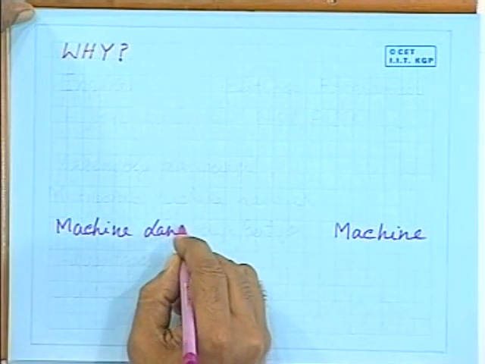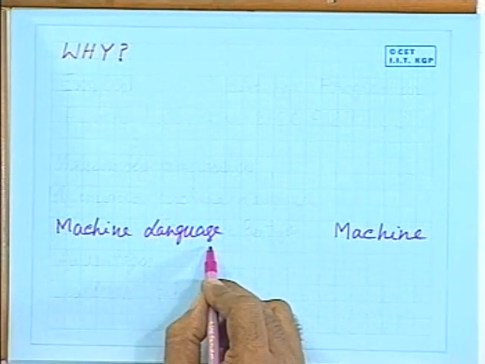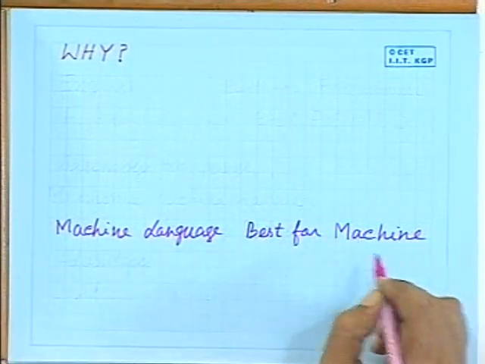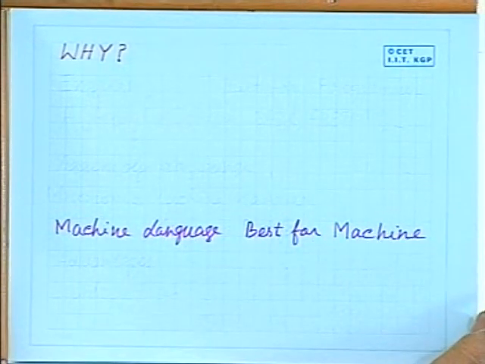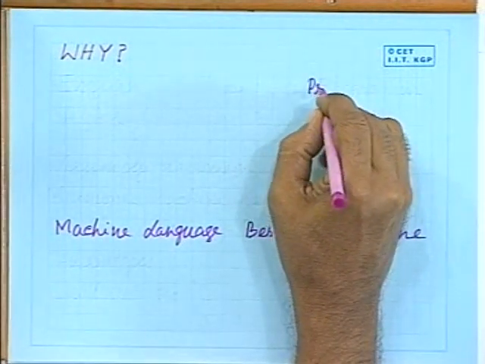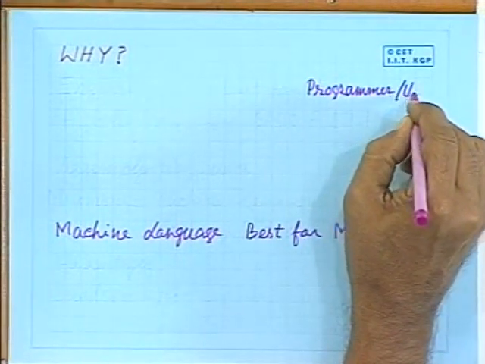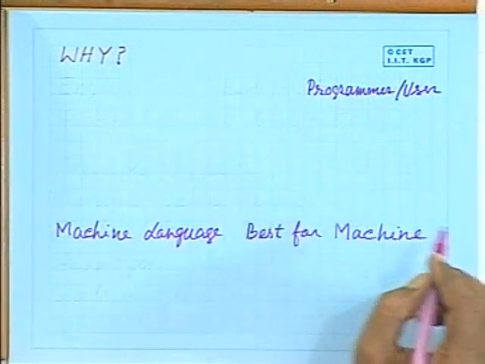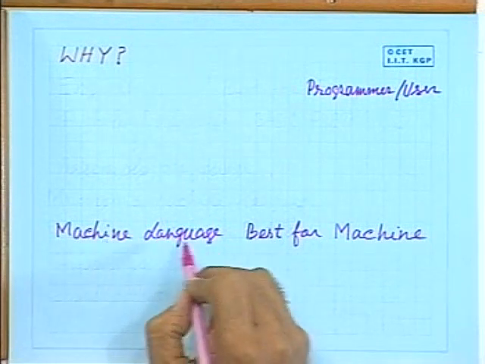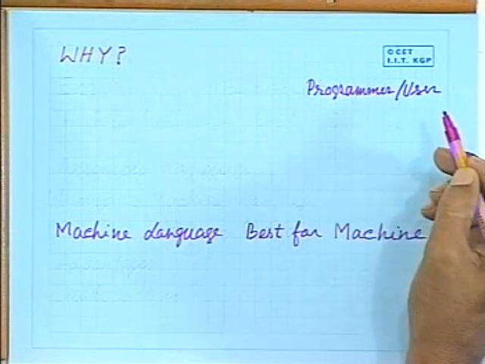So if the program is written in machine language, that is best for the machine. Unfortunately, the programmer or user is not familiar with machine language, and obviously writing a program in machine language is extremely difficult for a programmer or a user.